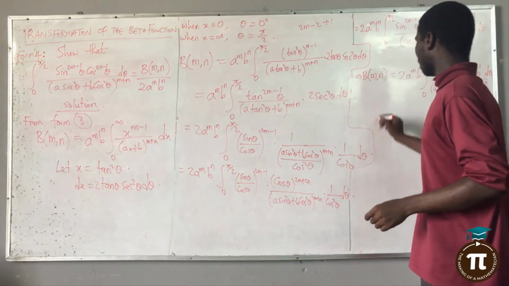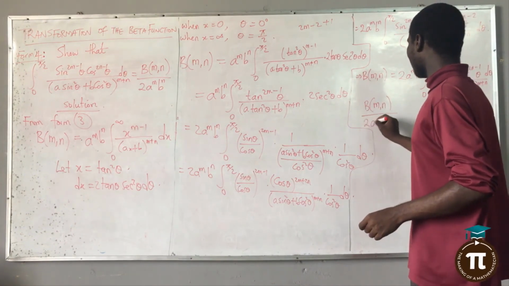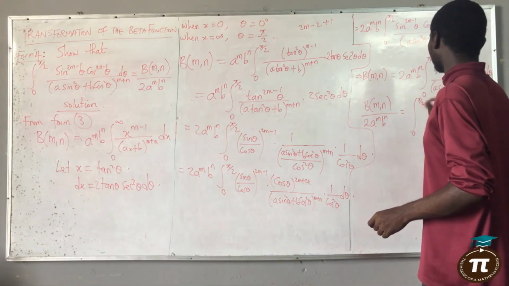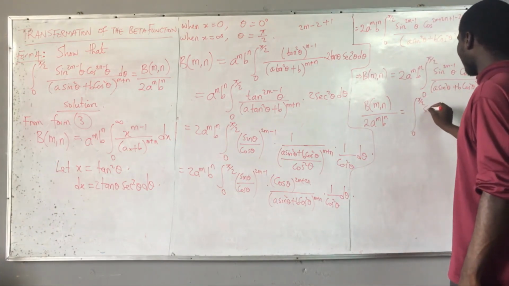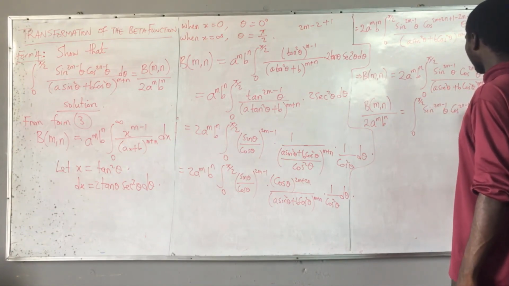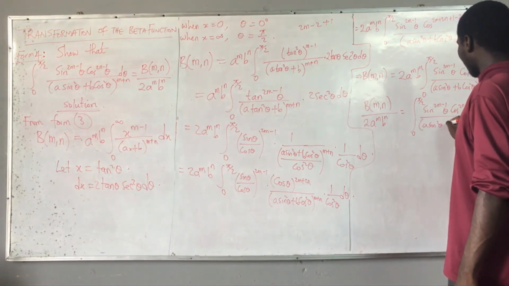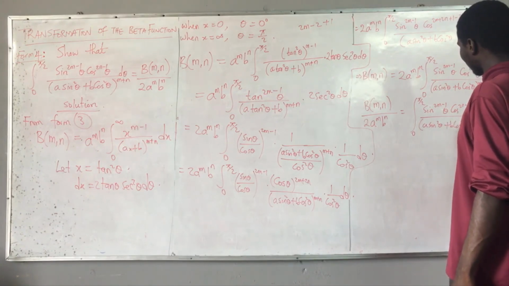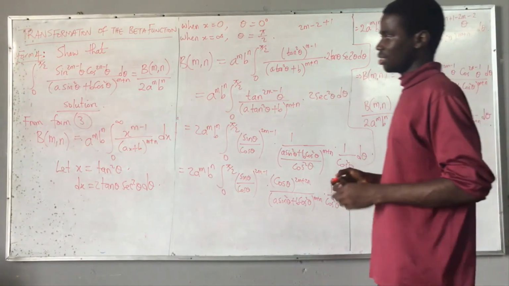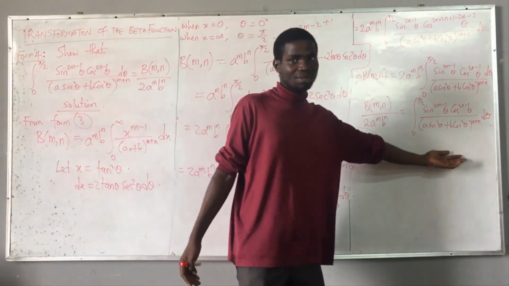That is, I have beta of m comma n all over 2a raised to the power of m, b raised to the power of n, equals integral from 0 to pi over 2 of sine 2m minus 1 theta cos 2n minus 1 theta all over a sine squared theta plus b cos squared theta raised to the power of m plus n, d theta. That is what I am going to have. That is the answer.